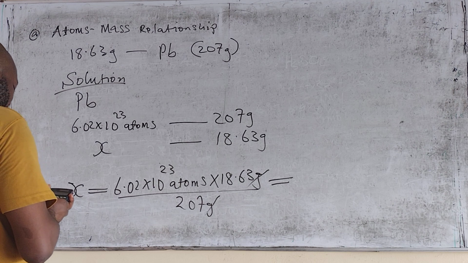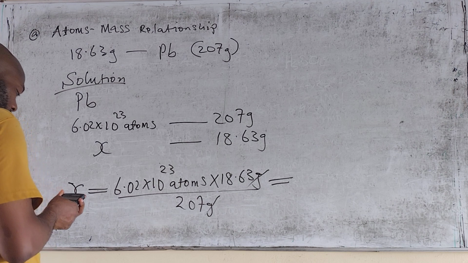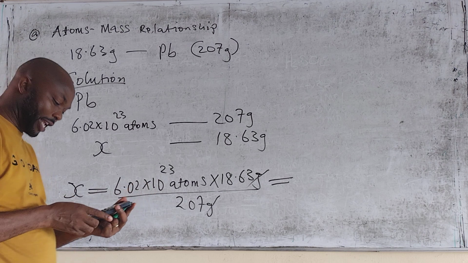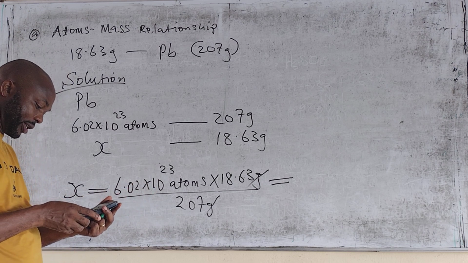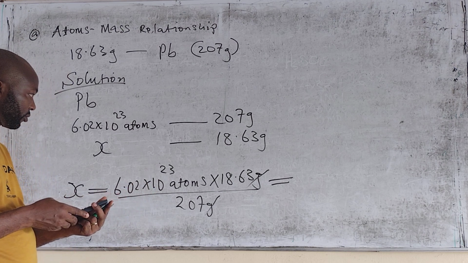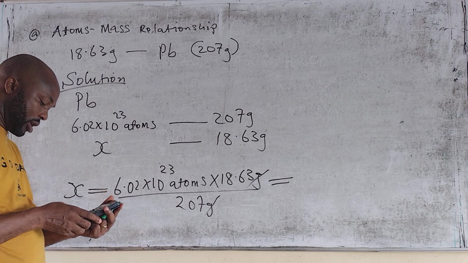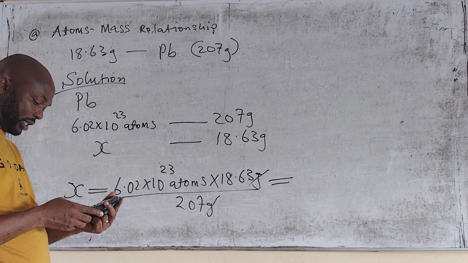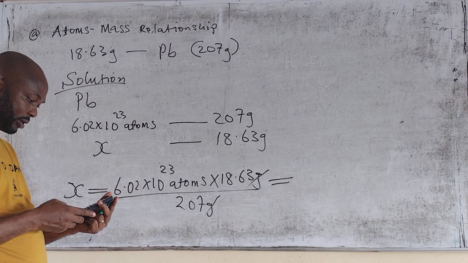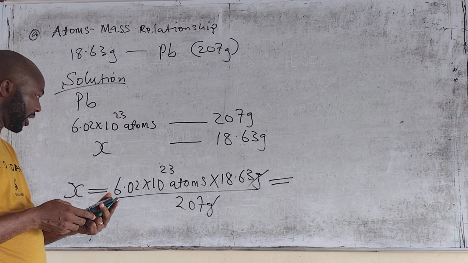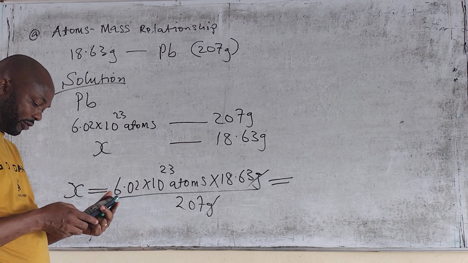I have 6.02 times 10 raised to the power 23 times 18.63 divided by 207.